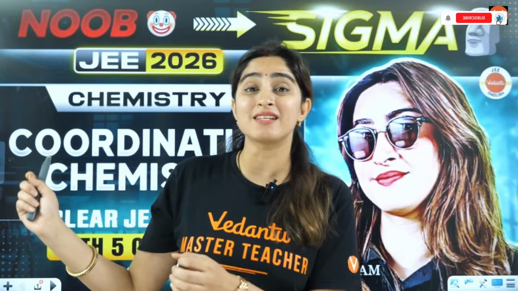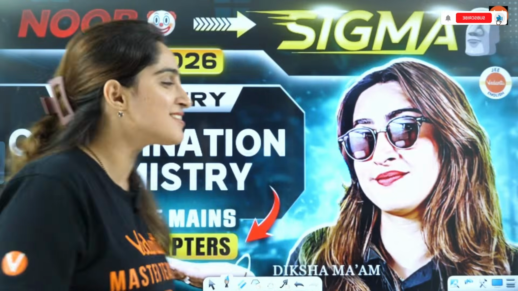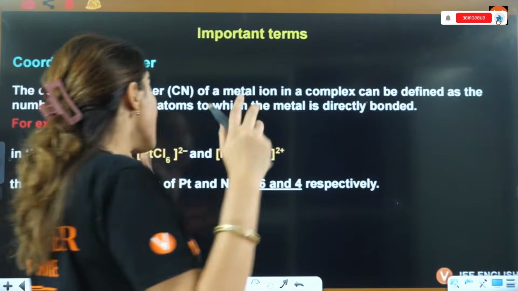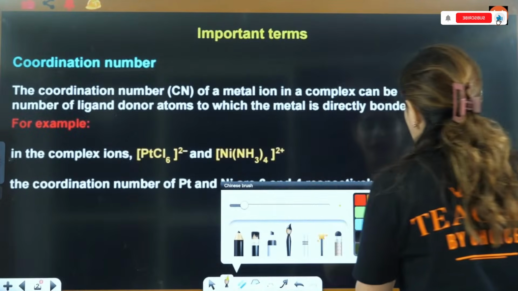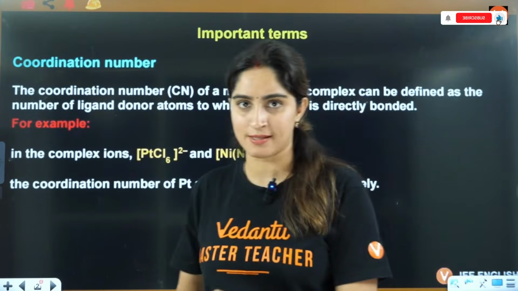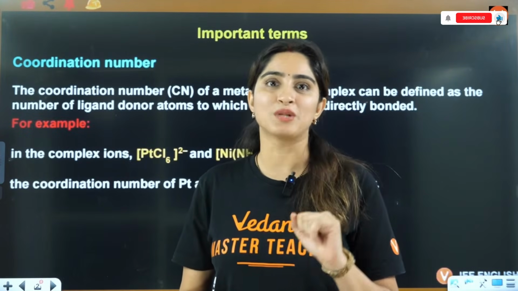We are going to do homoleptic, heteroleptic, nomenclature, oxidation number and its counting, then we will move towards VBT, CFT and isomerism. Let's start the session without wasting any time, because we have a target of completing this in the next 1 hour.